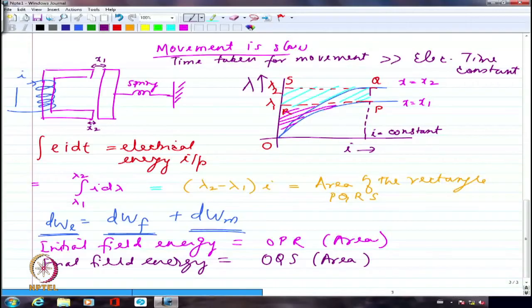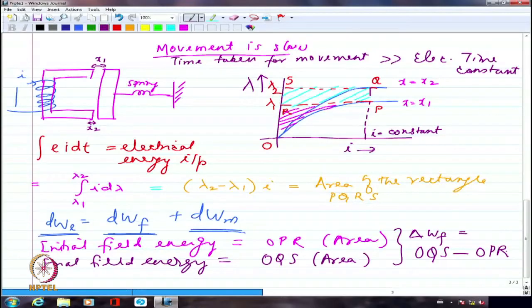If I want the difference in field energy, I have to subtract the initial from the final field energy. So delta Wf, or dWf, will be the area OQS minus OPR. Is that clear?